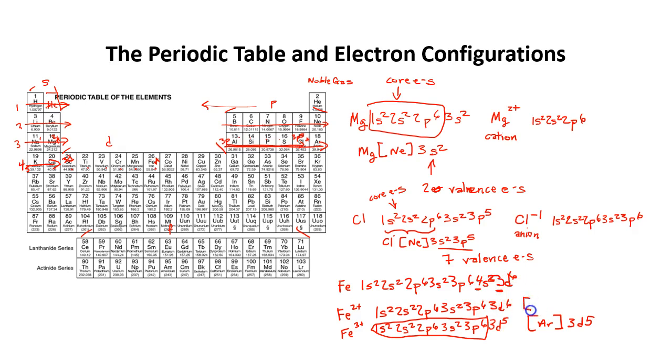And again here, this would be argon in brackets, and then I write 3d6 4s2. The reason why I flipped it is because 4 is higher in energy than 3. You're going to lose from the 4s first, and then you'll start losing from the 3d.